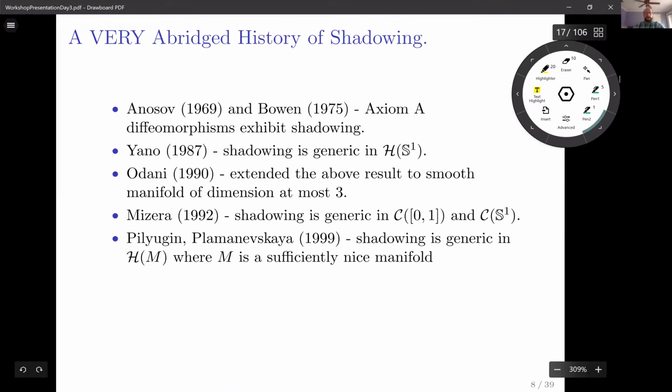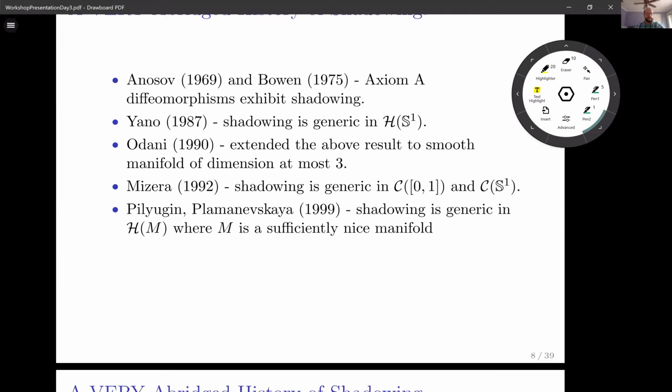In 1999, more recently, Pilyugin and Plamenevskaya demonstrated that shadowing is generic in the class of homeomorphisms on a manifold M, where M is sufficiently nice. I don't remember the exact criteria there, but there was a very modest list of conditions they needed for that manifold. The dimension was not one of them. Okay.